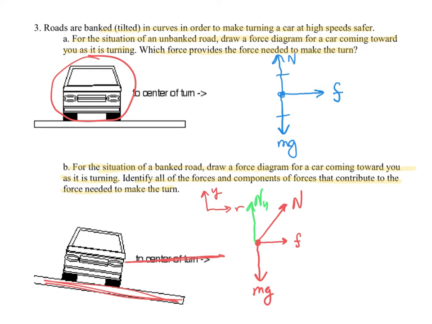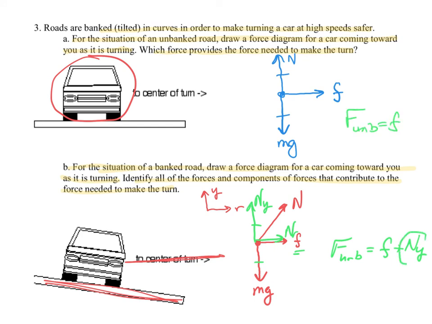I've got a y component and a radial component. So friction's got some help now. The unbalanced force in this case is friction plus the radial component of the normal force, to make this thing go in a circle. Here the unbalanced force is only friction.